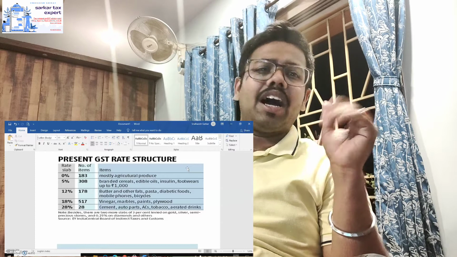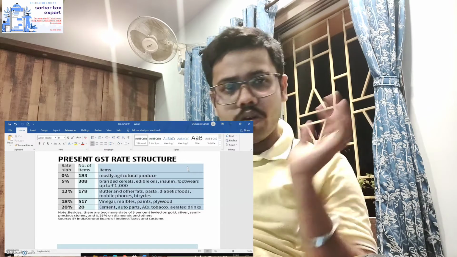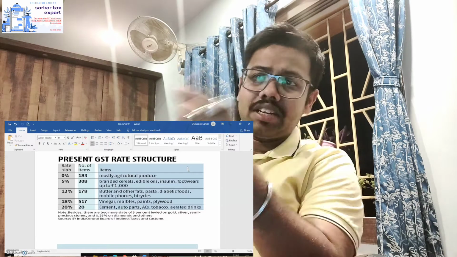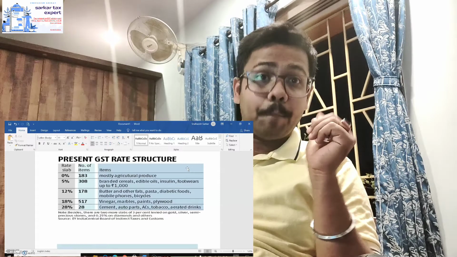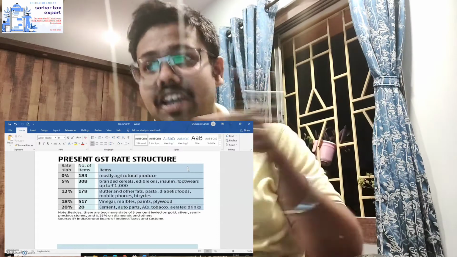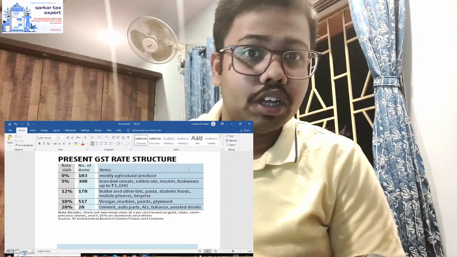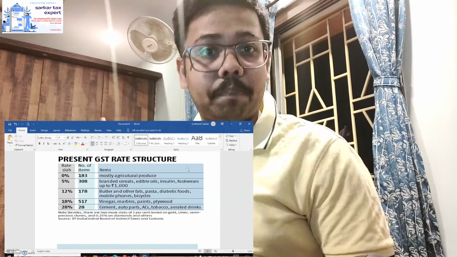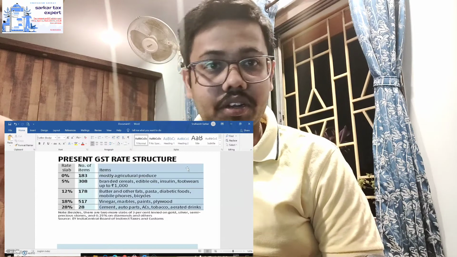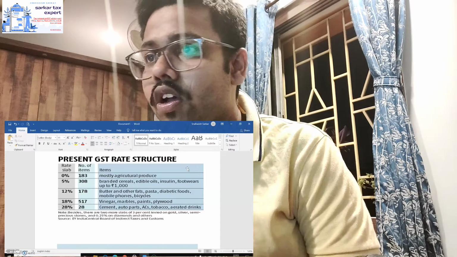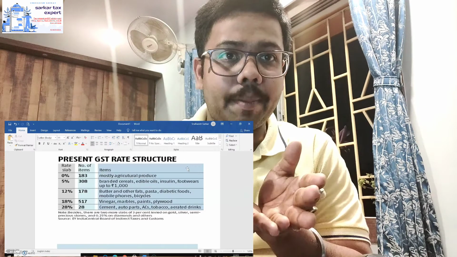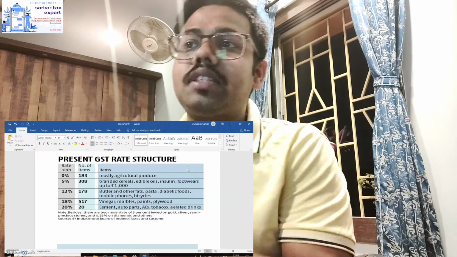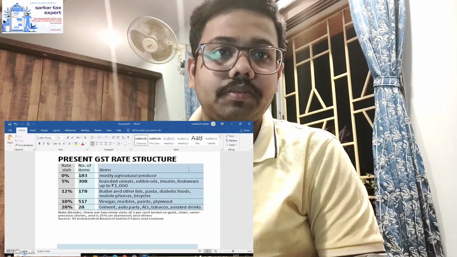While building a house, we make the floor of marble tiles. That's charged 18%. Paints are charged 18%. And plywood, the wardrobe which is made of plywood, is charged 18%. Here 517 items come under this slab.